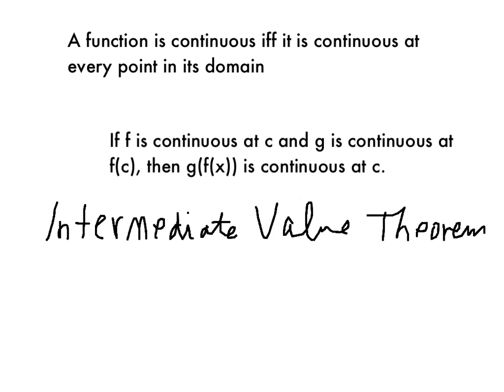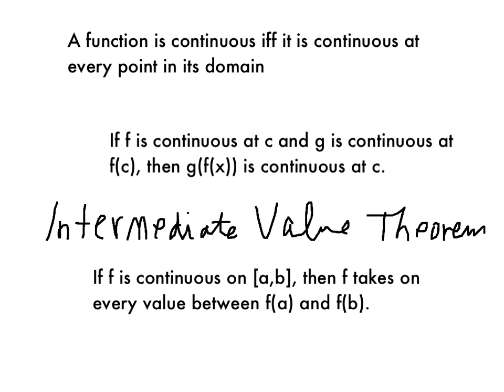And I'll state it and then I'll write it. What it says is that if f is continuous on the closed interval a to b, then f must take on every single value between f of a and f of b. If f is continuous on the closed interval a to b, then f takes on every value between f of a and f of b.